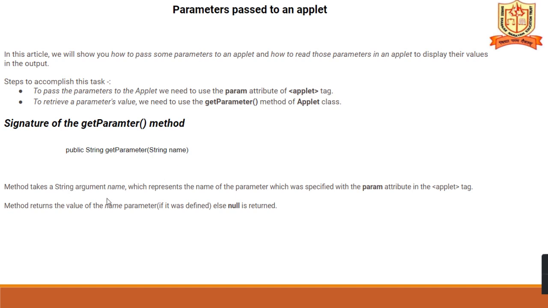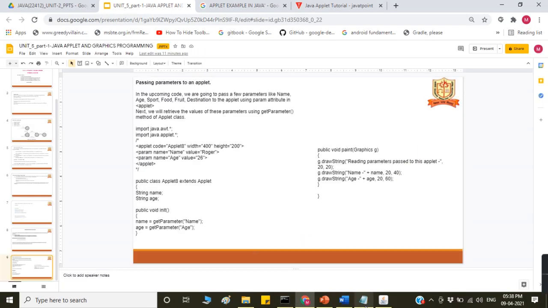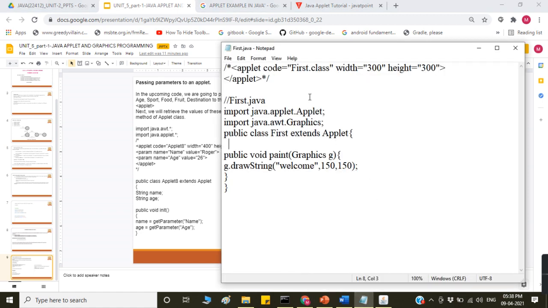The method takes a string argument name, which represents the name of the parameter specified by the param attribute in the applet tag. I will explain with an example. Now see, passing the parameters to the applet, named Applet8.